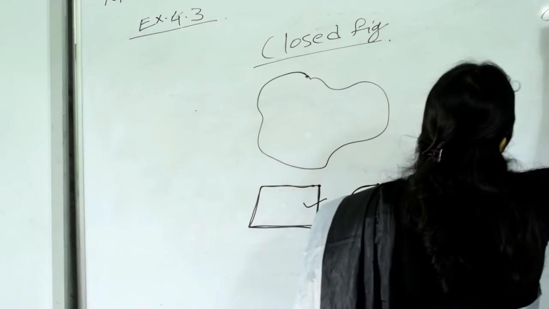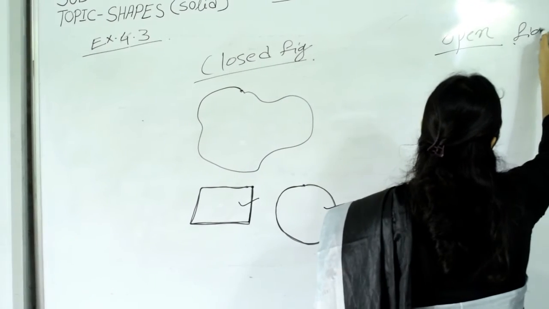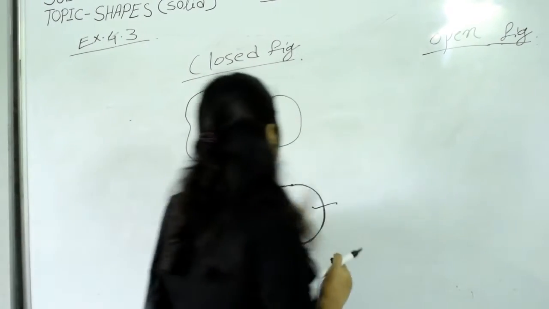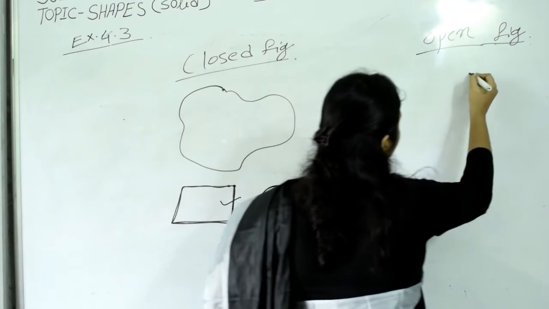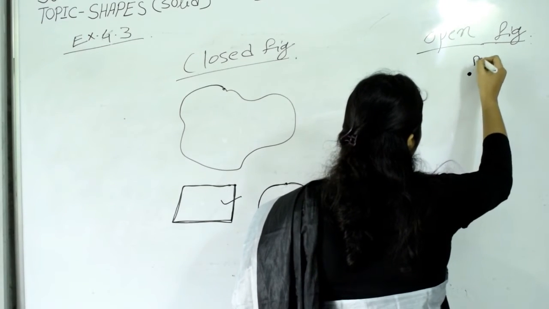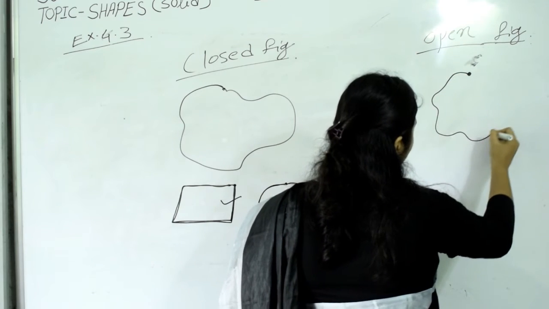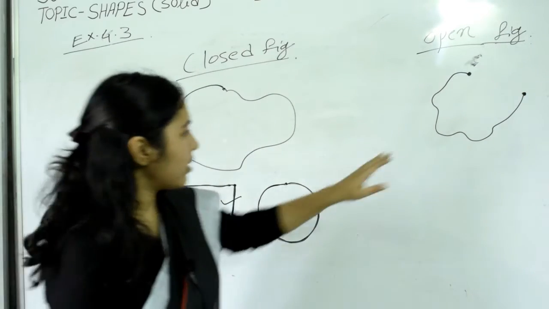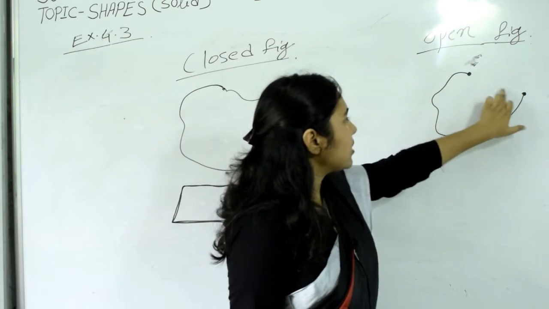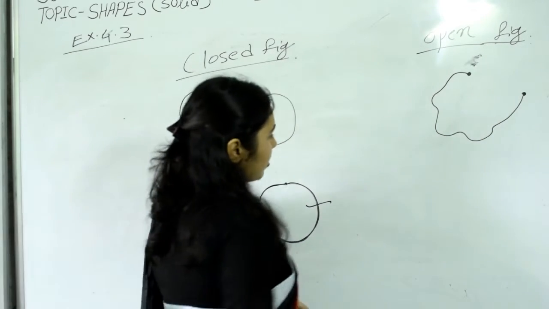Then tell me the definition of open figure. Just the opposite of closed figure, which means if we start to draw from a point, suppose this point, and end at another point, then this type of figures are known as open figures.